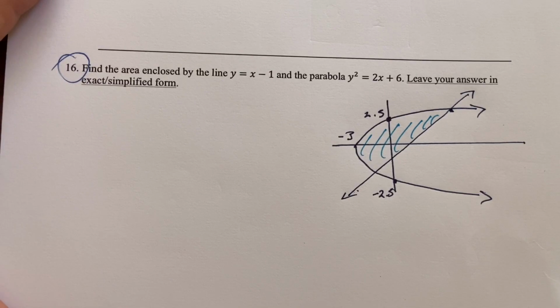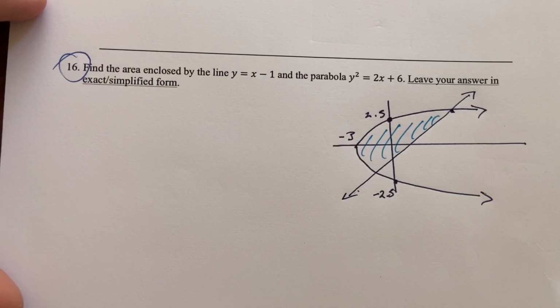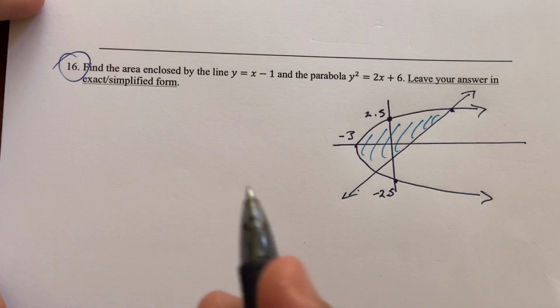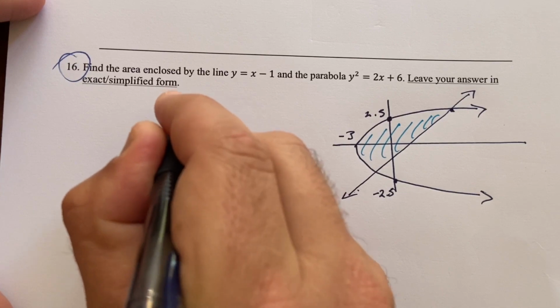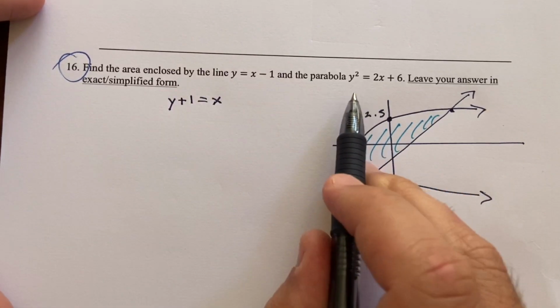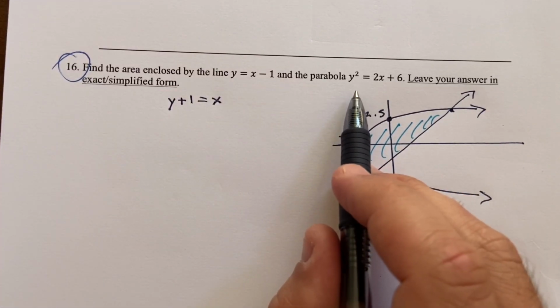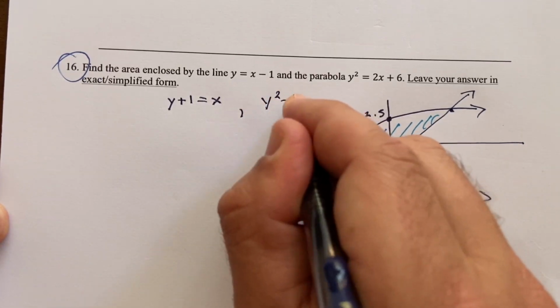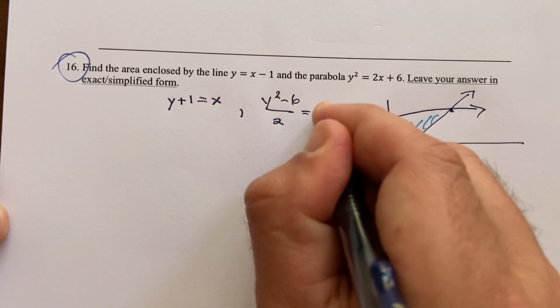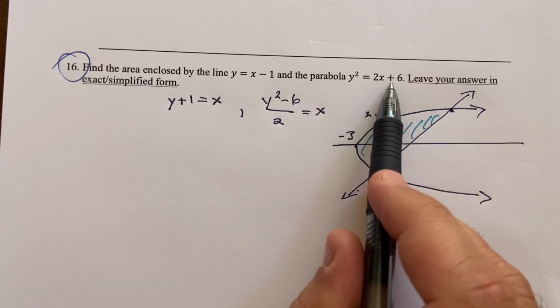Okay, so it looks like we're going to want a couple integrals. I'm trying to think of how I want to do this. I guess we need everything in terms of y. So I'm going to write this one as y plus 1 equals x. And then I'll write this one as y squared minus 6 over 2 equals x. Right?